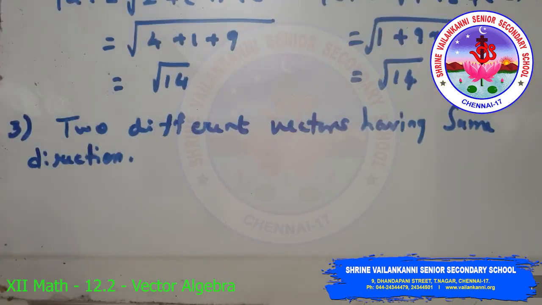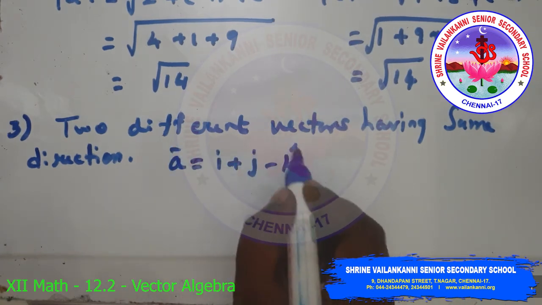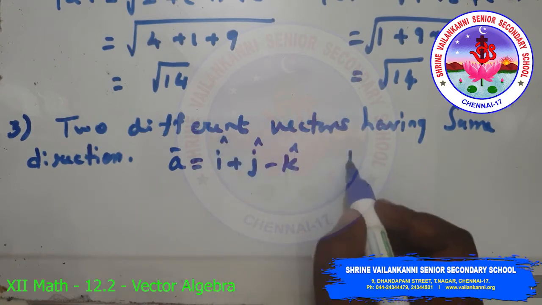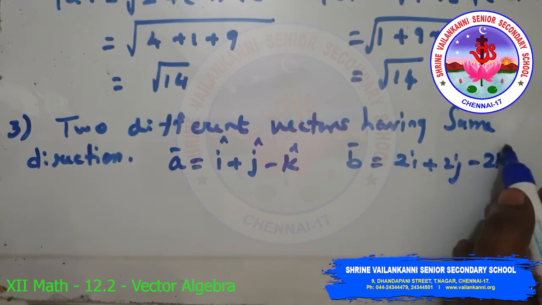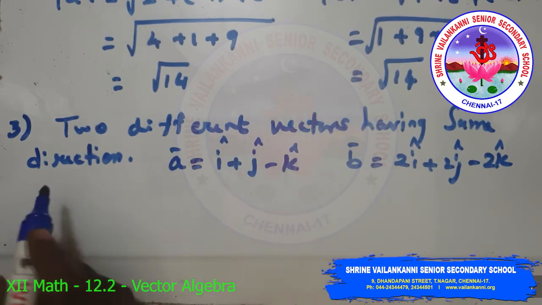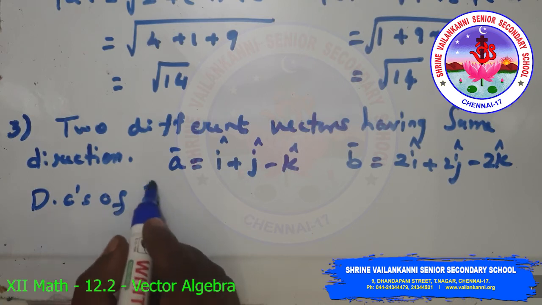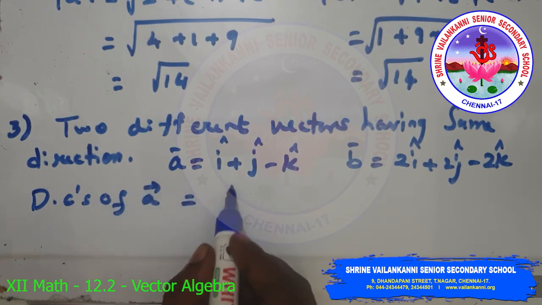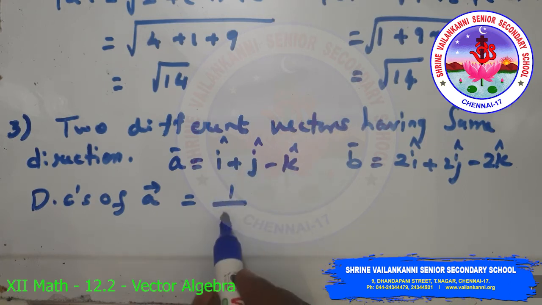Third one, write two different vectors having the same direction. So let's take A equal to i plus j minus k and B equal to 2i plus 2j minus 2k. These are the two different vectors, and we have to find the DCs of A and DCs of B. DCs of A is 1 by root of 1 square plus 1 square plus 1 square, which is root 3.